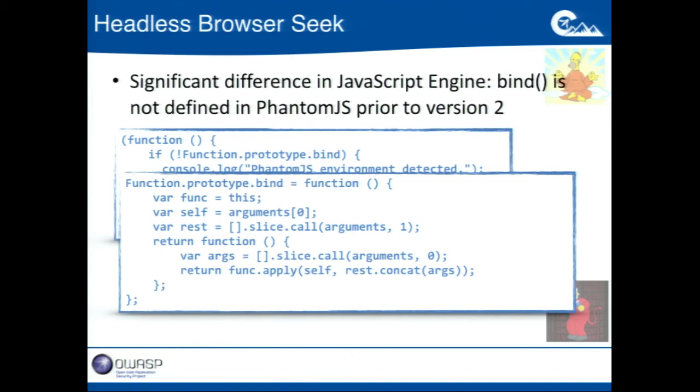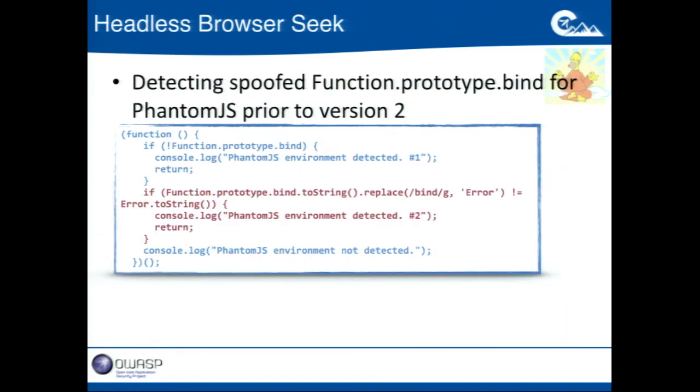Okay. So one easy way to detect this is to check whether the Function.prototype.bind.toString result is actually a native function. You can distinguish a native function from a spoofed function by calling toString. If you define the function inside the JavaScript, toString will give you the source code of the function.